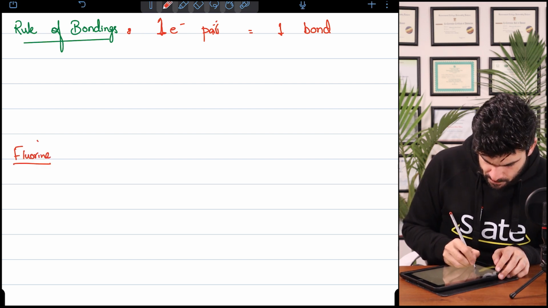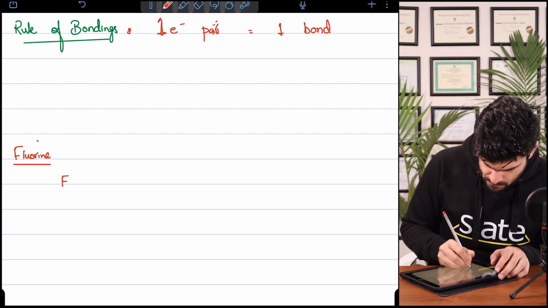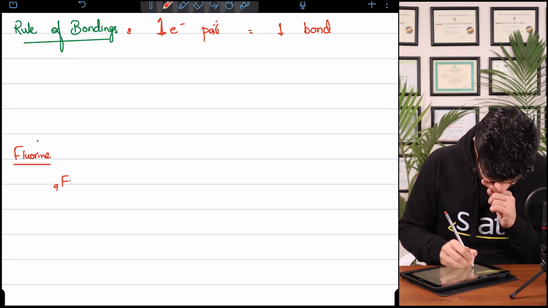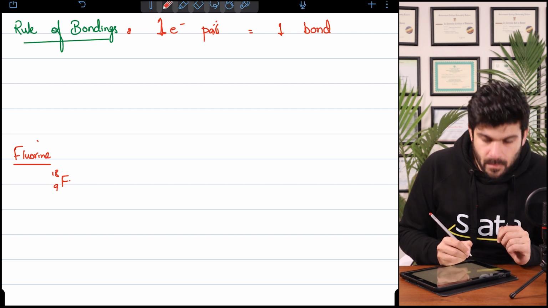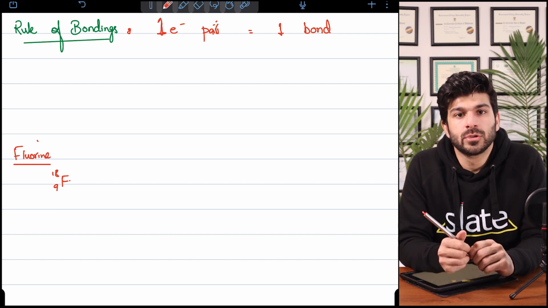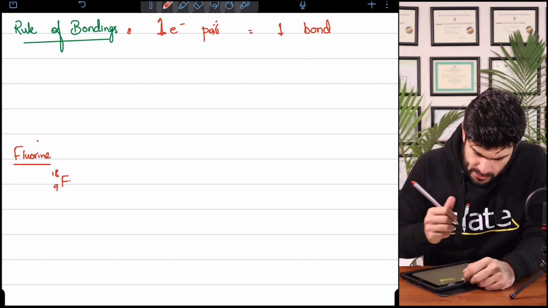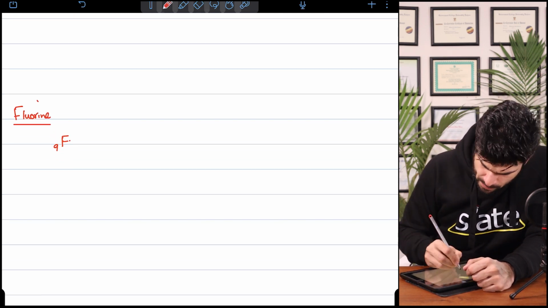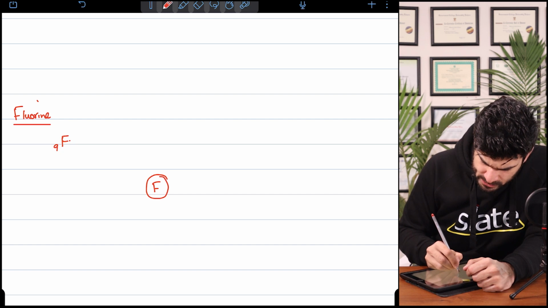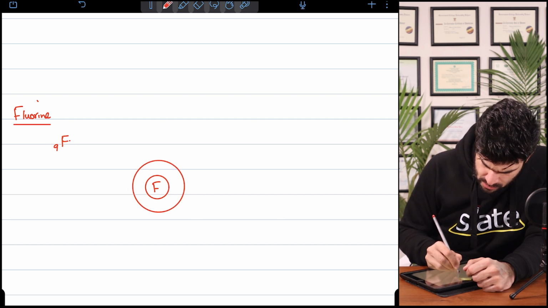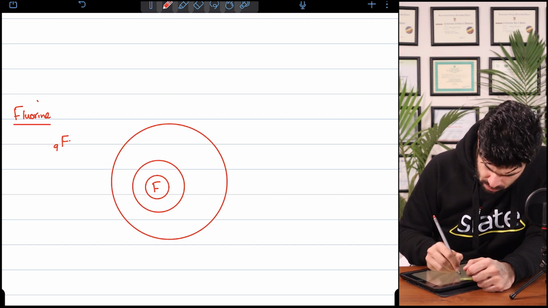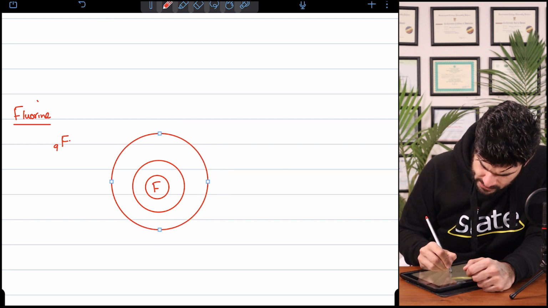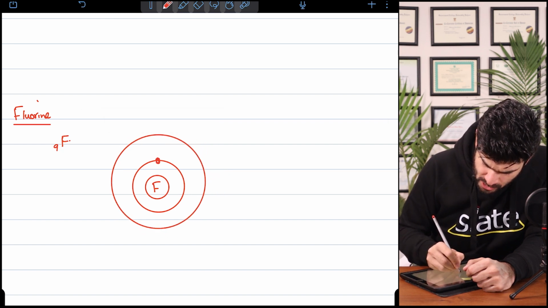Fluorine. So now that's fluorine. Proton number is 9. So 2 electrons in the innermost shell and 7 in the outermost shell.